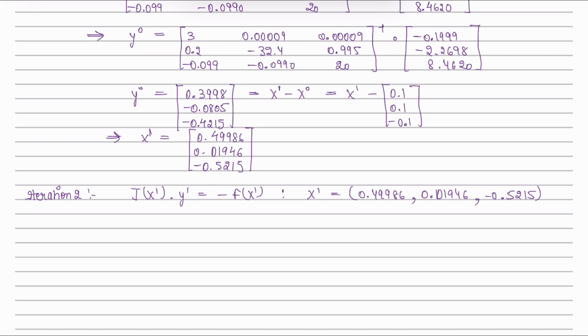Continuing this process till 5 iterations, we will get our desired results.